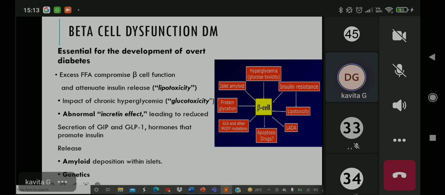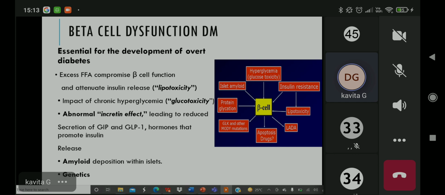Now, if you look over here, lipotoxicity, glucotoxicity, we talked about insulin resistance, and amyloid being deposited in the islets. This is also another trouble that is happening in the case of type 2 diabetes mellitus.